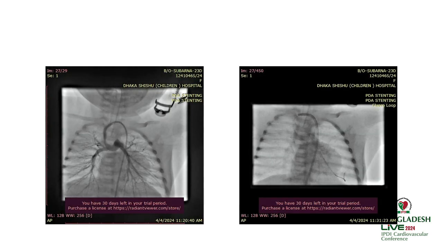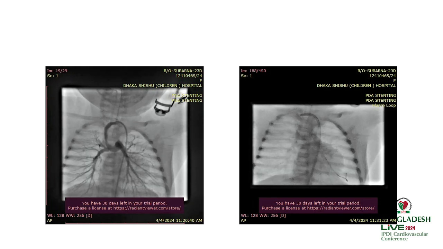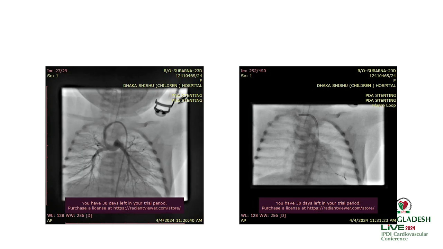The femoral arterial route was chosen and angiography was done. When we introduced the wire, it went through the base of the brachiocephalic artery, across the PDA, to the confluence.